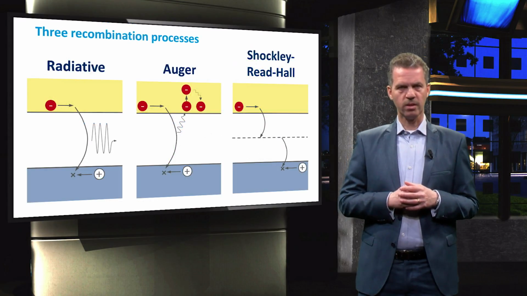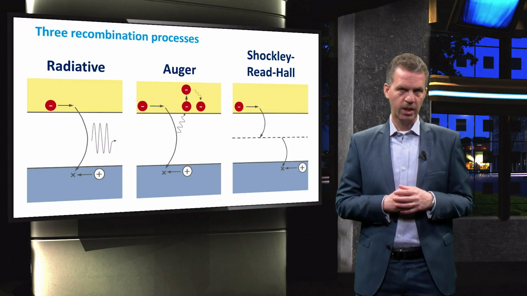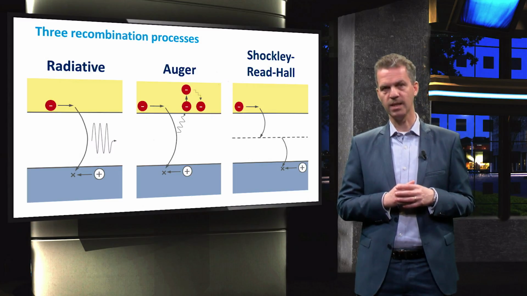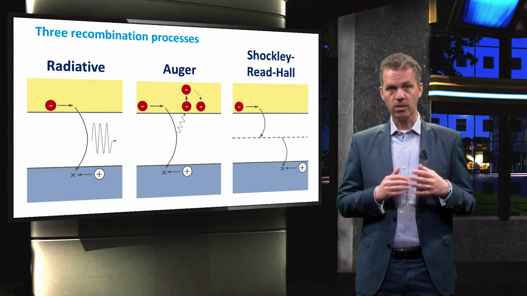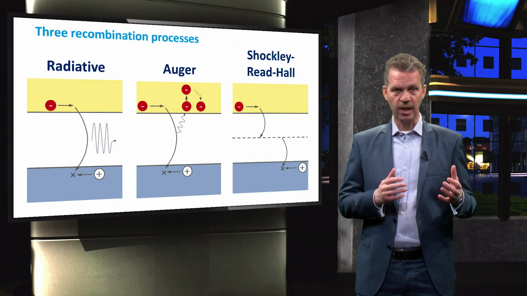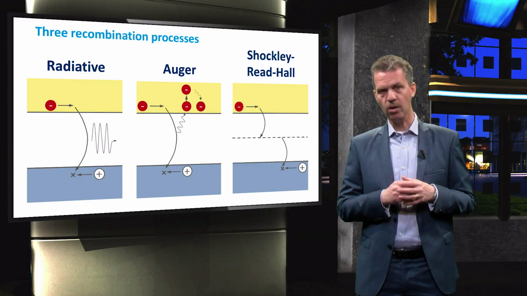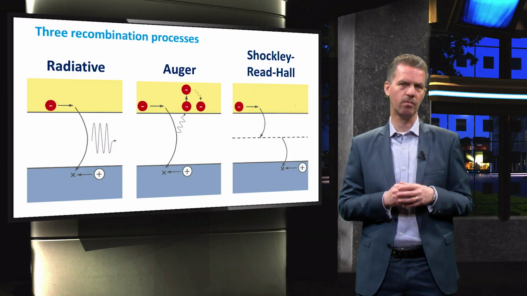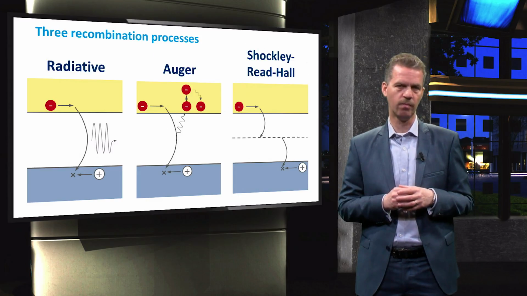Another consequence of crystalline silicon being an indirect bandgap material is that the radiative recombination rate is low. This is the recombination process in which an electron in the conduction band and the hole in the valence band recombine and emit a photon carrying an energy comparable to the bandgap of the material.